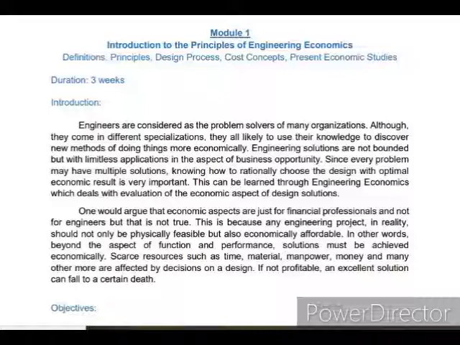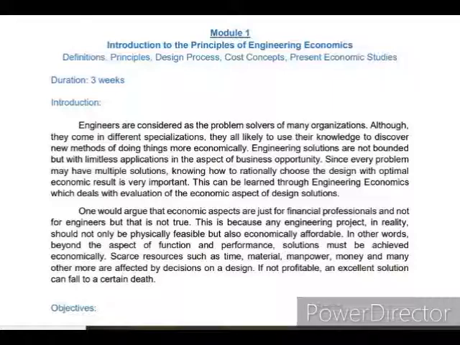Since we are engineers, our work is designing solutions for the industry we chose. One would argue that economic aspects are just for financial professionals. Somebody among you may argue or complain that he doesn't need any of the economic aspect because there are financial professionals, the accountants, who can handle financial and economic value.